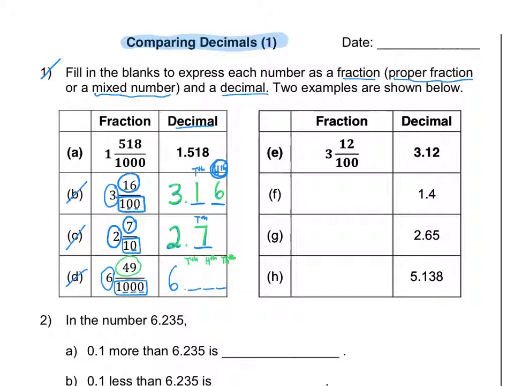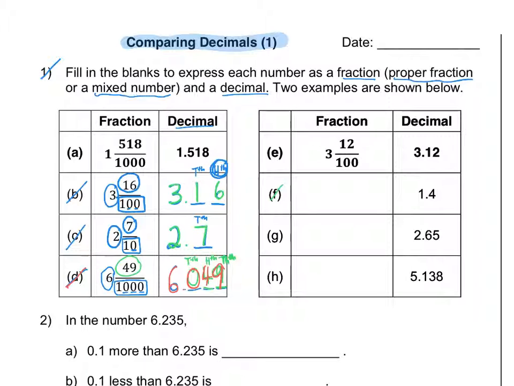So from here and here, it should be a 4 and 9. And therefore, in the 10th place, it should be a number 0. Okay, so the answer for part D should be 6.049 as the answer.